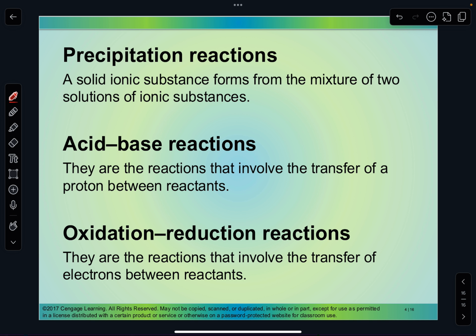Okay, and so let's talk about a precipitate. A precipitate that is formed is whatever, if you have A, that is aqueous, plus B, that is aqueous, let's say that's plus and minus, and you make AB solid, this is your precipitate.